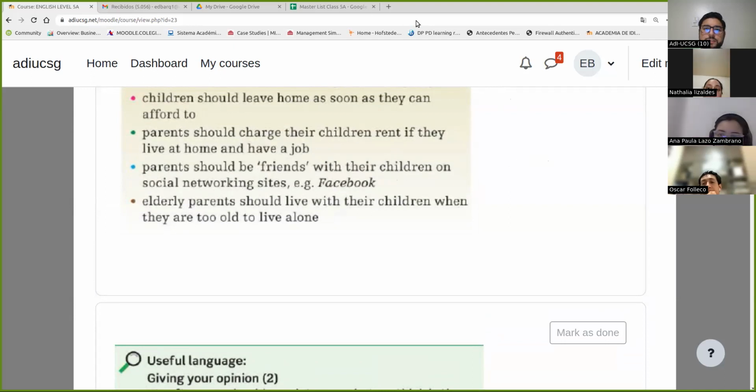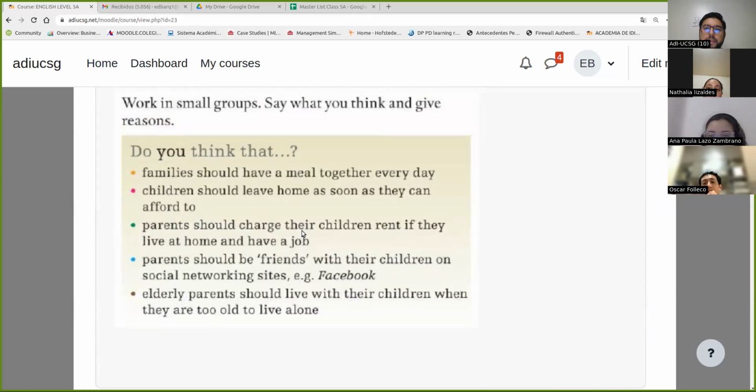No questions? Please, make a screenshot of this activity so you can keep it for your group assignment. Keep this activity as a picture so you can perform properly.